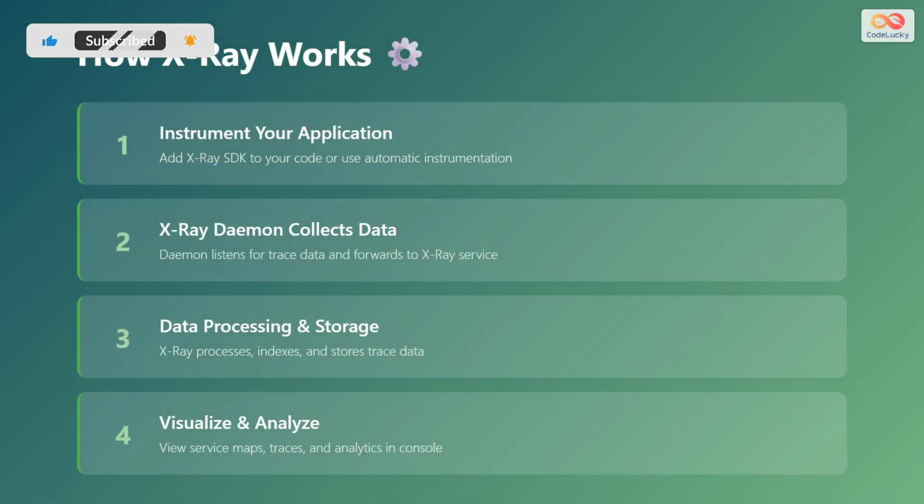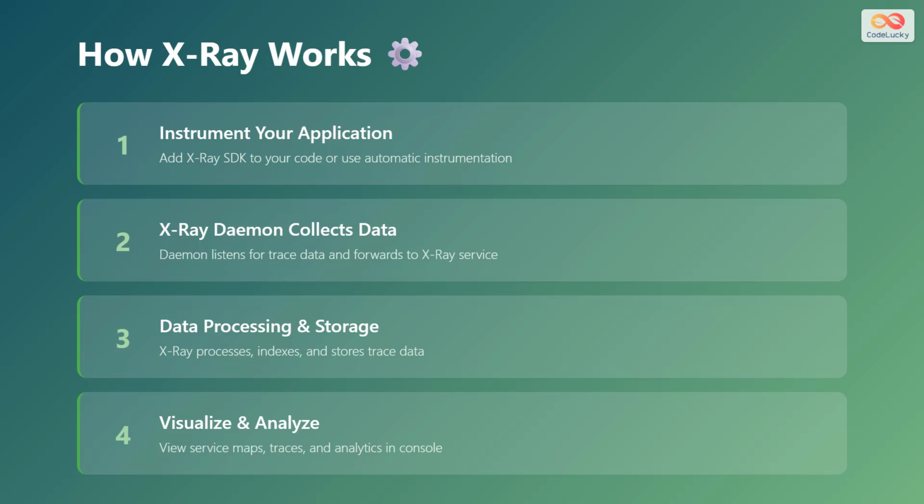Now let's understand how X-Ray actually works. There are four main steps. Step 1, instrument your application. This means you add the X-Ray SDK to your code, or you enable automatic instrumentation for supported services. Step 2, the X-Ray daemon collects data. The daemon is a software agent that listens for trace data sent by your application and forwards it to the X-Ray service.